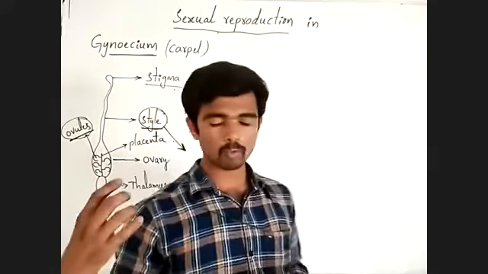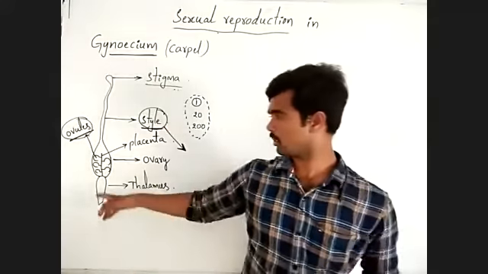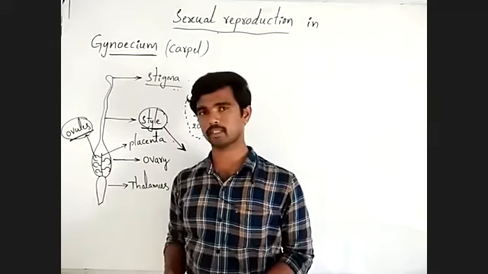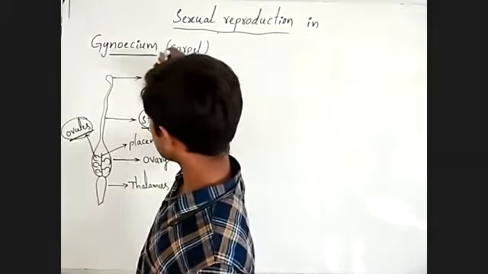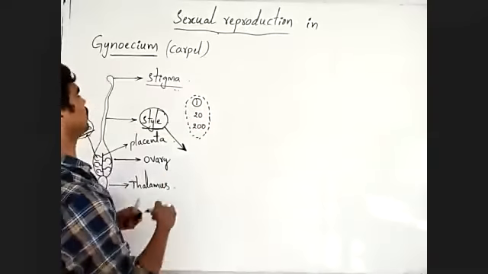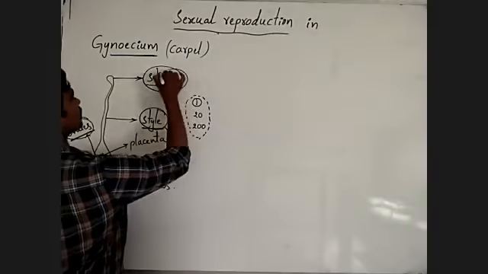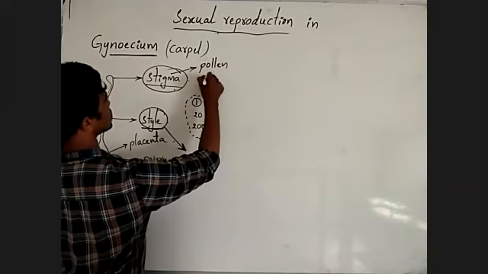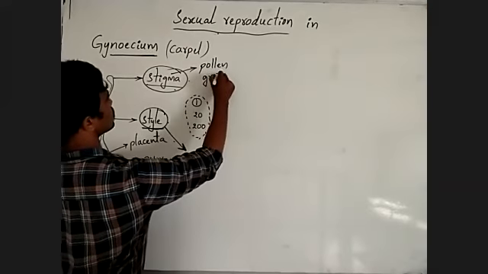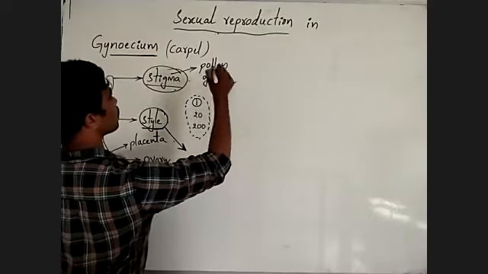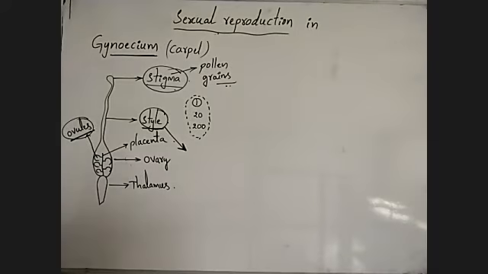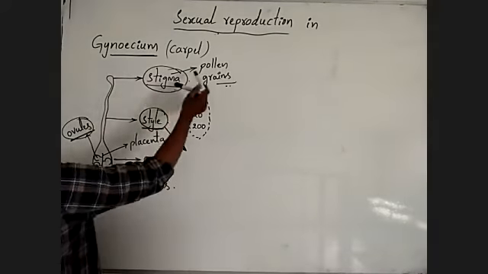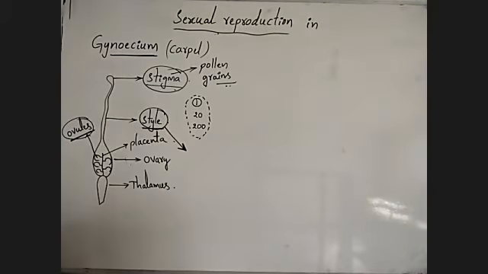It guides the pollen tube towards the ovary. Next, what is the function of the stigma? The stigma receives the pollen grain. This is the main function of the stigma. Okay, observe.